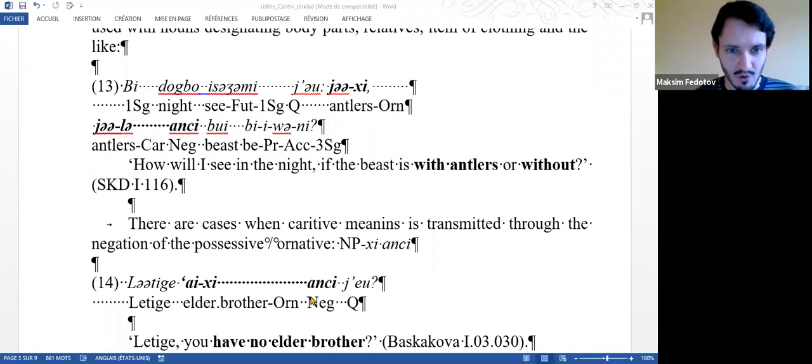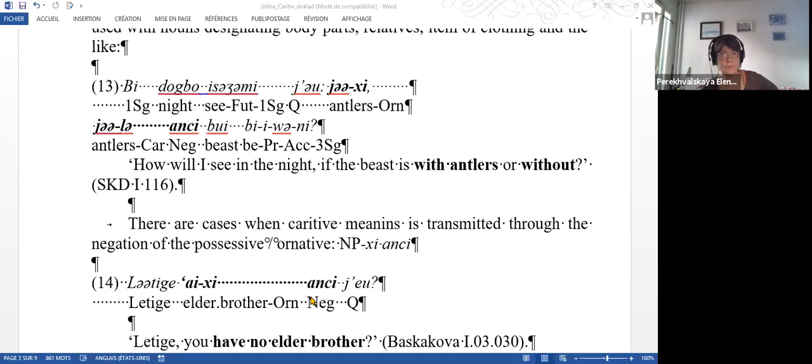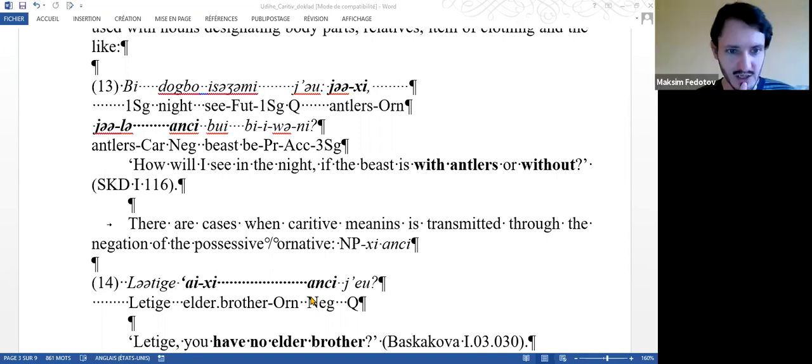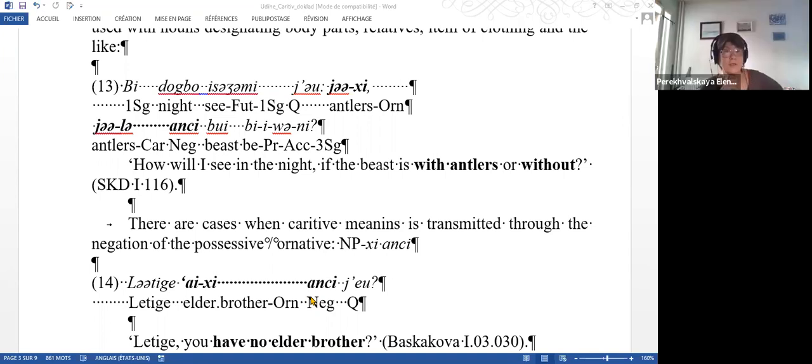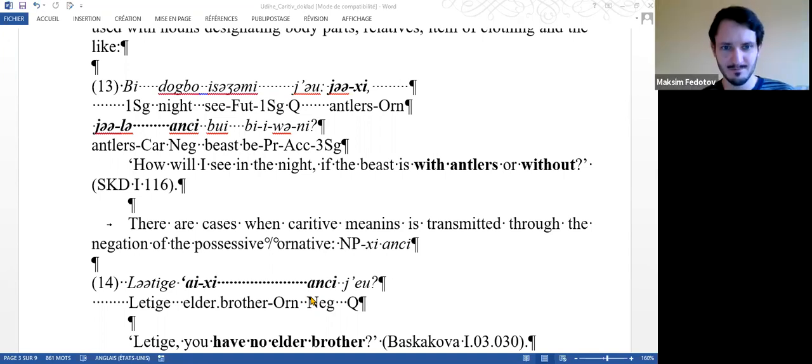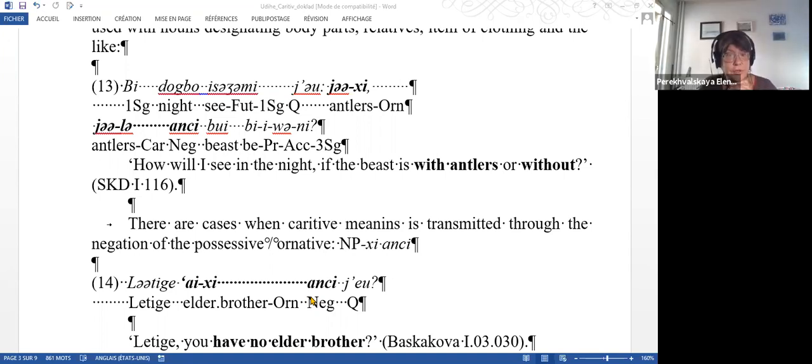And in this case, probably this is actually like in Chinese. So this could be actually like: are you with your brother or without? So you want to say that it would be he la anchi, something like that? Yes. I see. Who knows? I have to see other examples more attentively.